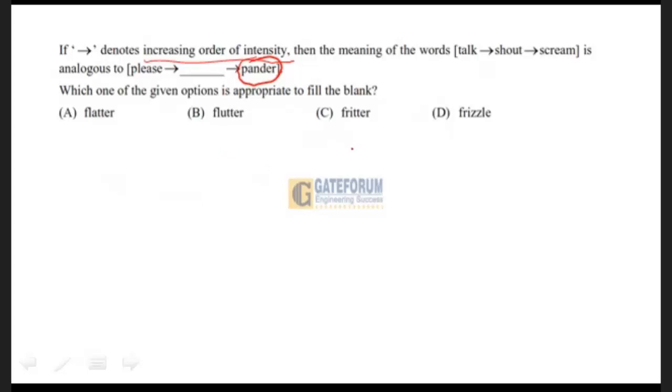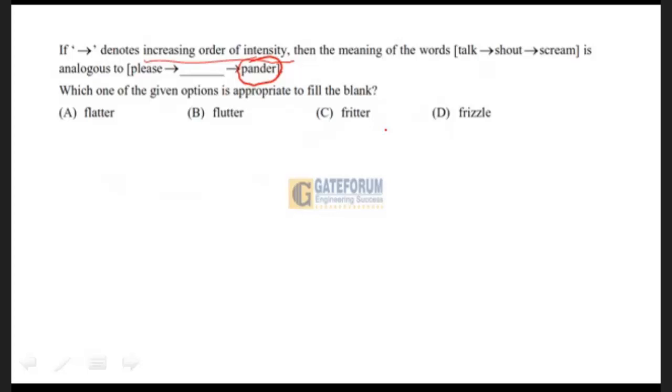Fritter means throwing away in small pieces. Okay, frittering away your future. Okay, fritters, I see, pakoras, fritters, veg fritters. So small pieces. And frizzle is, sort of raindrops frizzled on the tin and something like that.